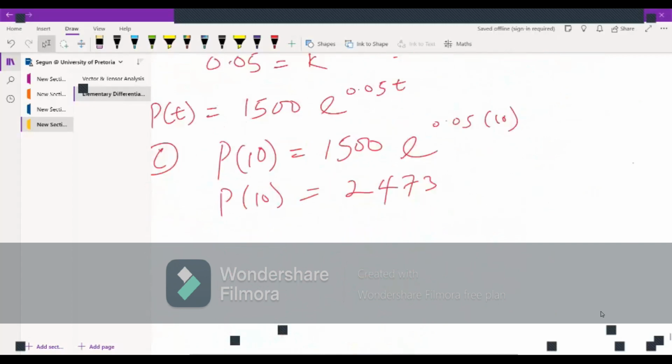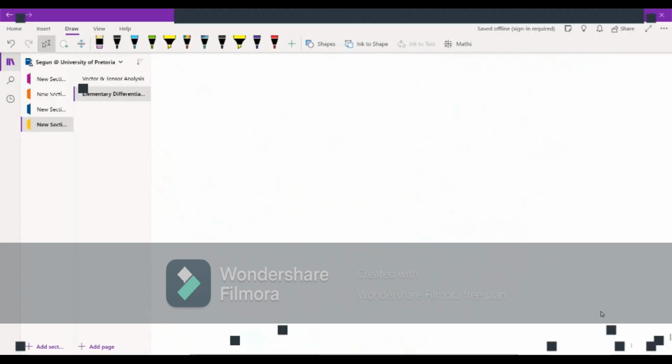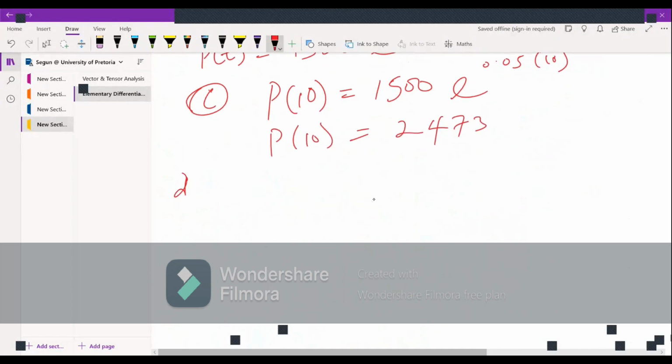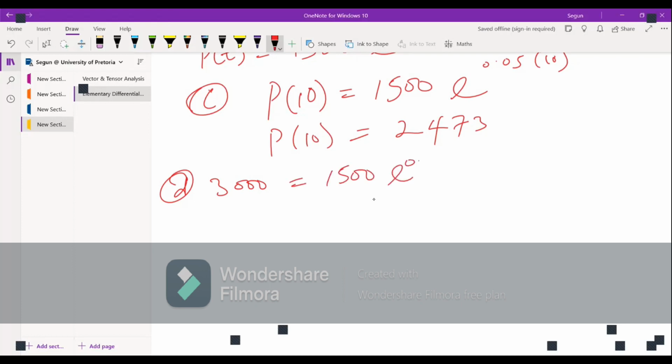For it to double, it's going to be 3,000 equals 1,500 exponential 0.05 t.